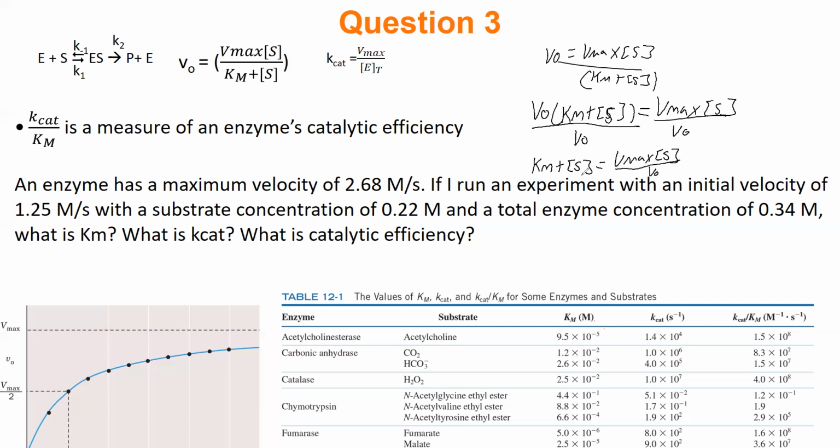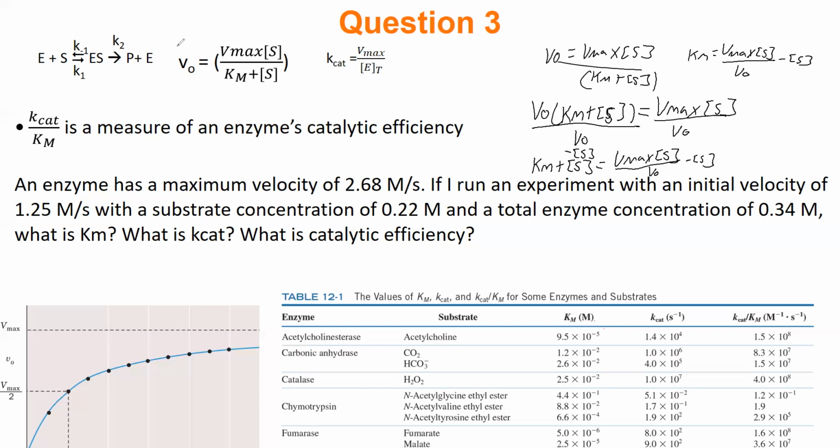Now, I only have one thing left to do, subtract S from each side to get Km equals Vmax S divided by initial velocity minus substrate concentration. Good old-fashioned algebra right there.